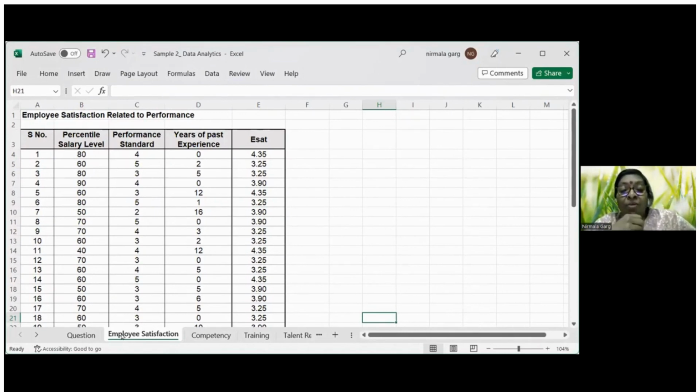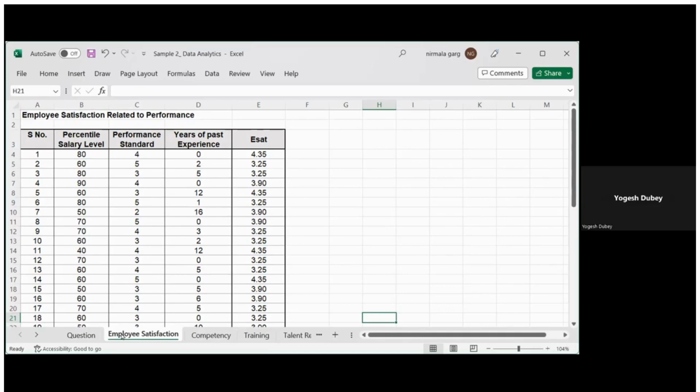You look at performance standards, etc. Now, this is an individual exercise I want all of you to do: whether there is a correlation between the ESAT score and the performance standard. Please quickly do that. Can you all do it quickly? I want you all to open your data set and start working on it.